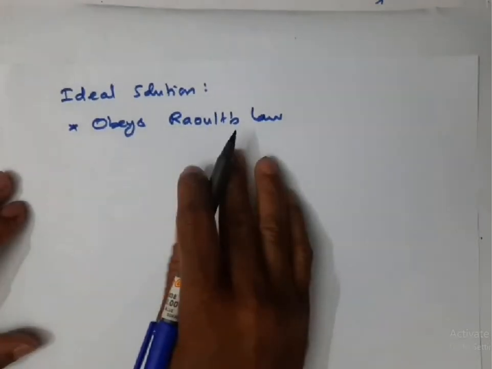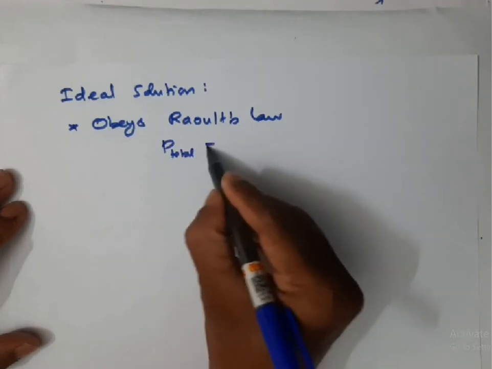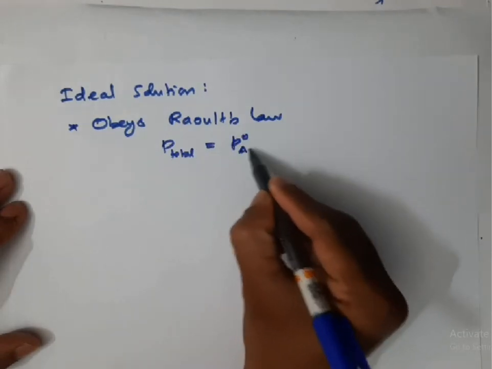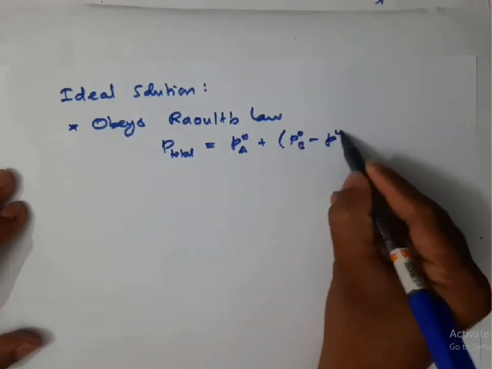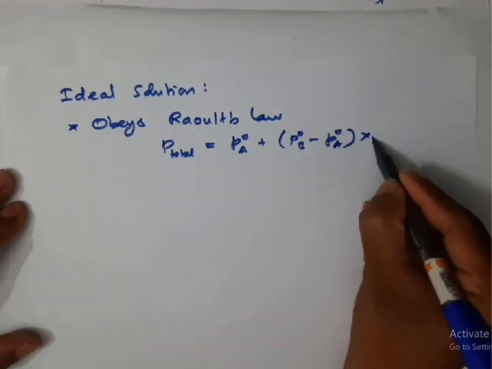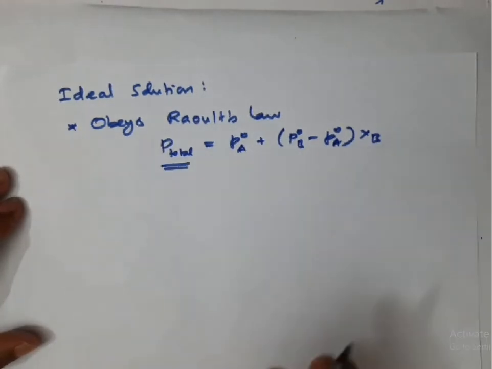Since it obeys Raoult's law, the total vapor pressure equals P naught A plus P naught B minus P naught A into XB, so you can calculate the total vapor pressure using this formula.